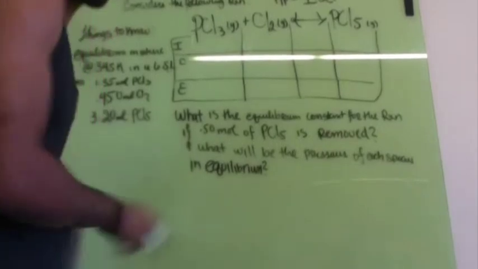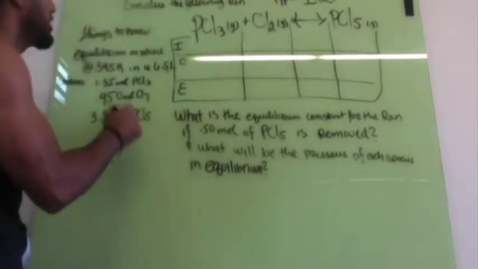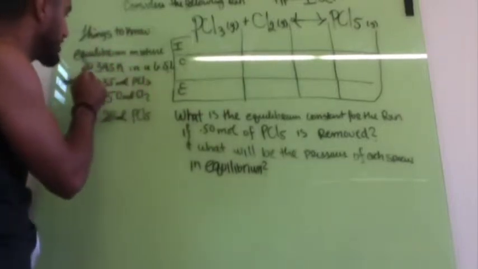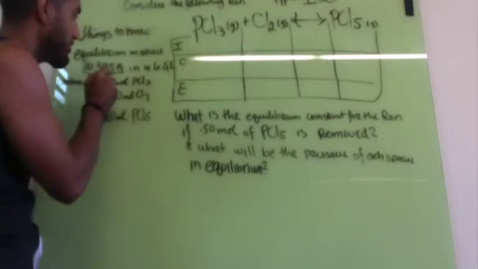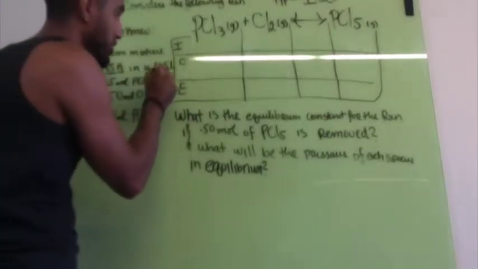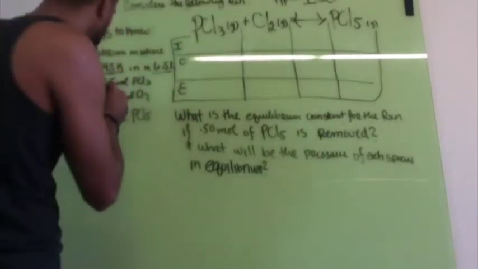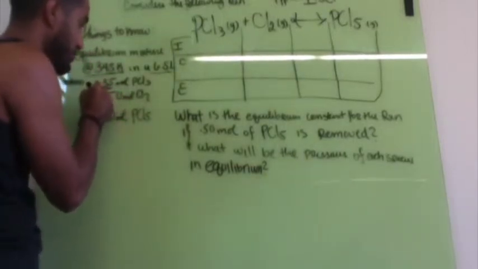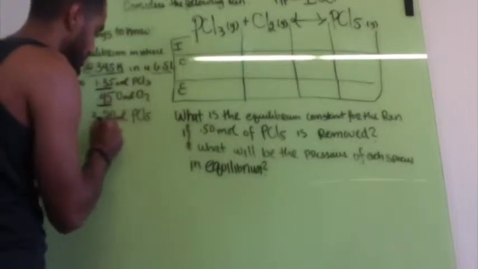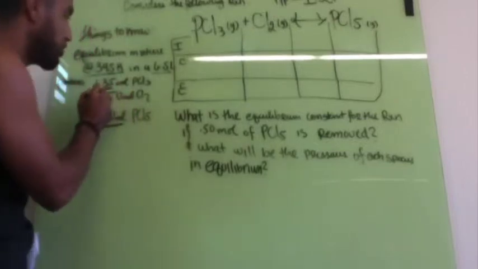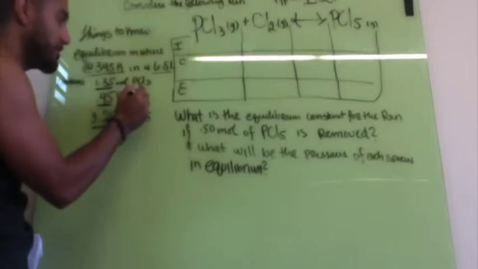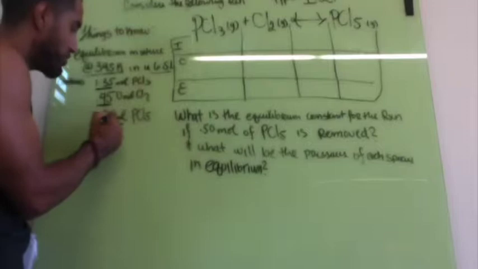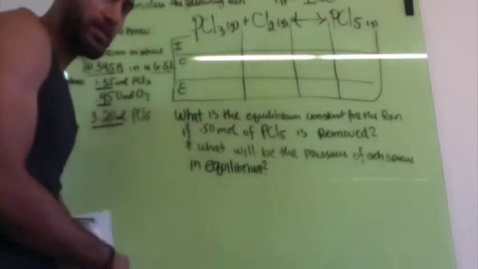So, things to first know would be that the equilibrium mixture is at 345 Kelvin in a 6.5 liter vessel. Also, our concentrations for each of the species is 1.35 mole of PCl3, 0.45 mole of Cl2, 3.2 mole of PCl5.